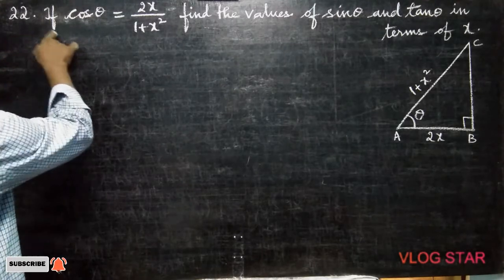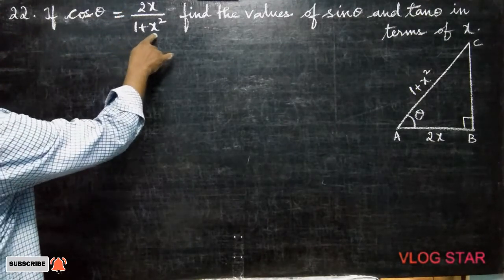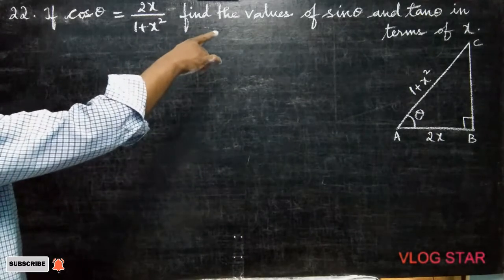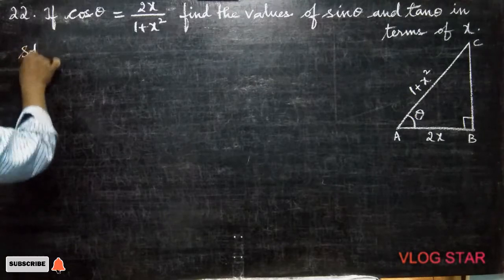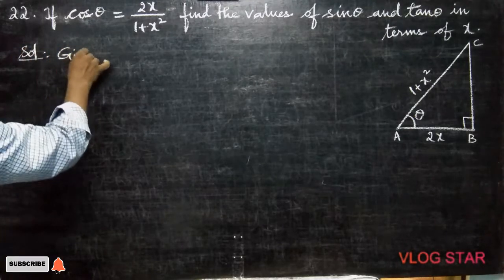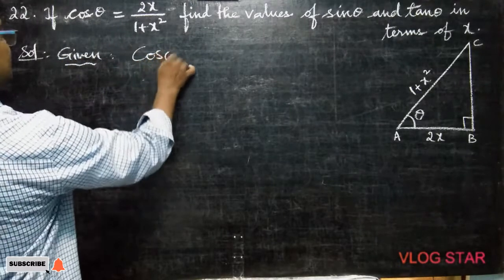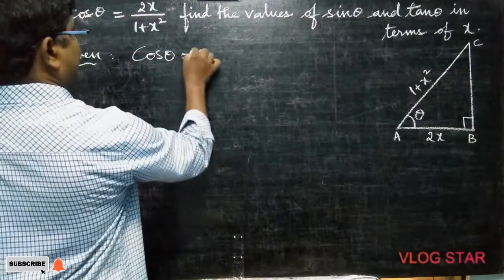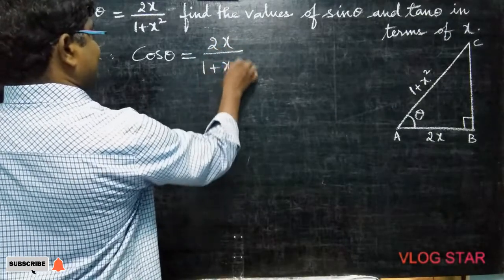22nd problem. If cos theta is equal to 2x by 1 plus x square, find the values of sin theta and tan theta. Solution. Given cos theta is equal to 2x by 1 plus x square.